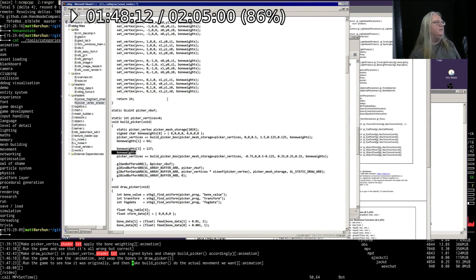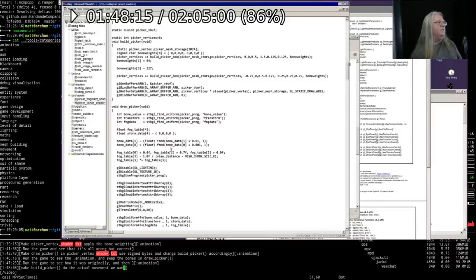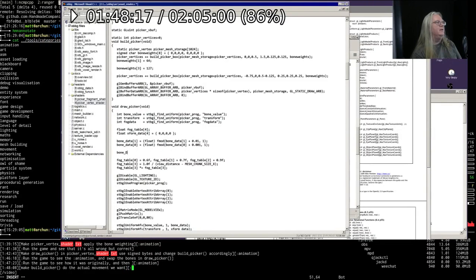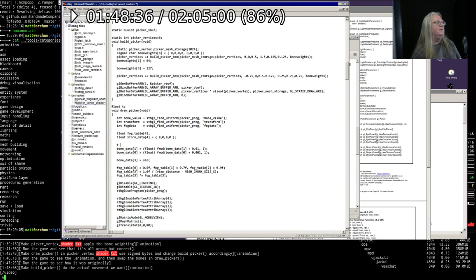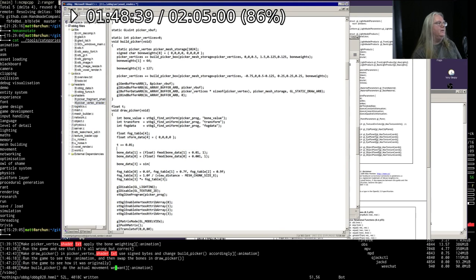Let's stop our weights. So we want bone data 3. We want to move down. So let's have that move downward.